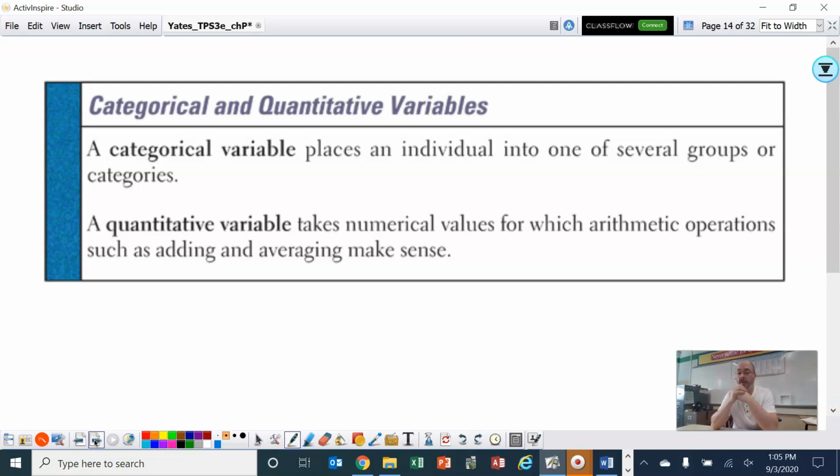Quantitative is numerical values for which arithmetic operations such as adding and averaging make sense. How tall are you? That's a number. It's arithmetic. What's your shoe size? That's quantitative. Quantitative deals with numbers. Categorical deals with groups. All right, moving on.